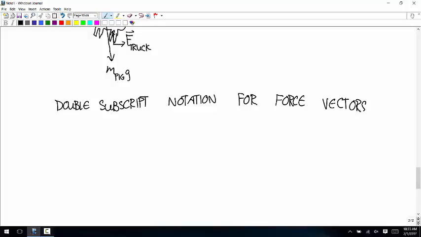The key thing that can be a little confusing at first is we're going to use this notation for vectors. We're not going to use it for scalar force variables.